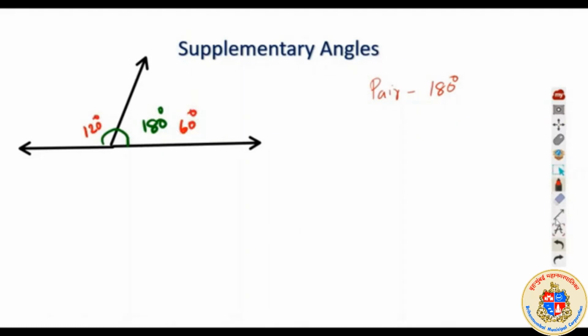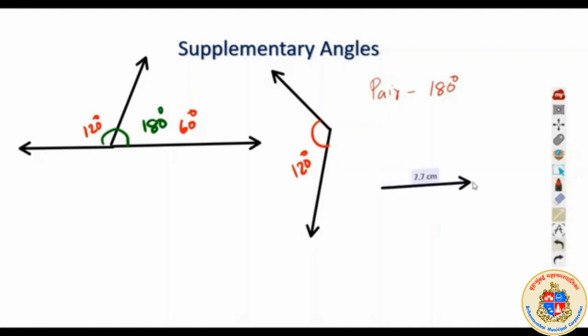Or, just like the case of complementary angles, it can be two separate angles, one of this much size, let it be 120 degree, and another angle this way, measuring up to 60 degree.